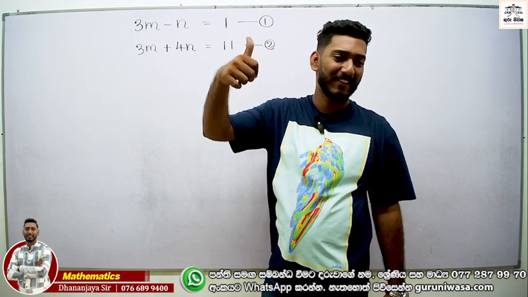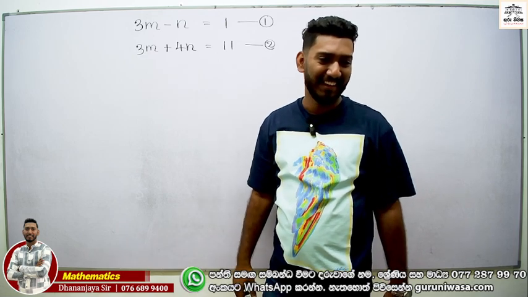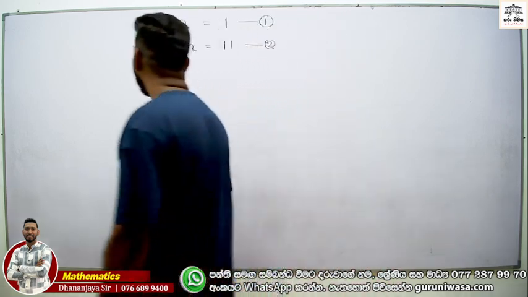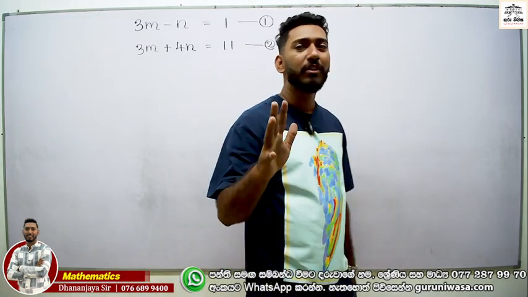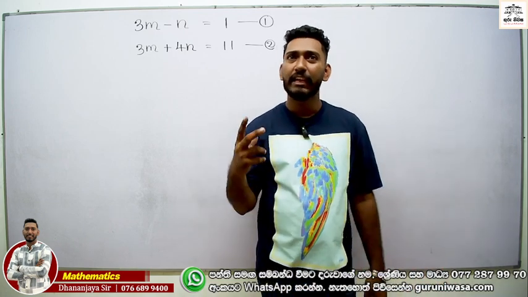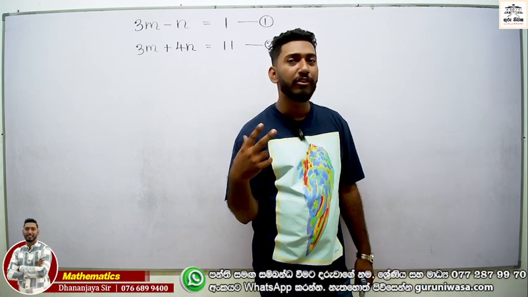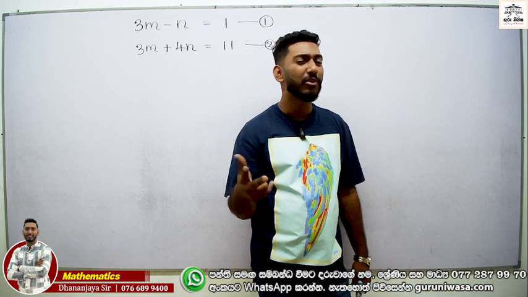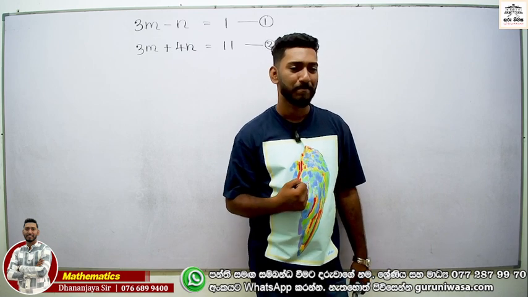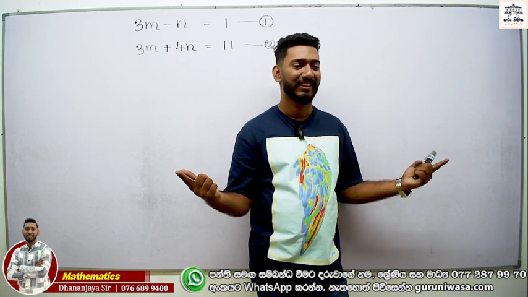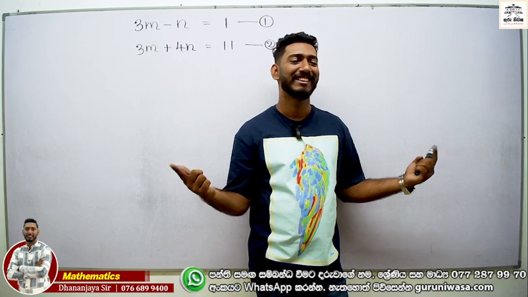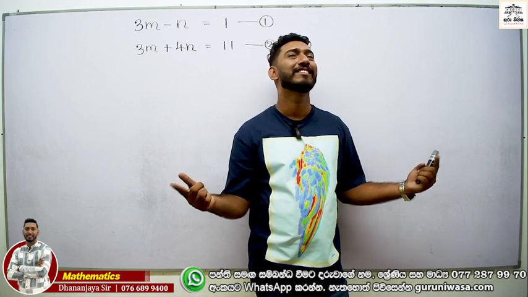Yeah, right. Okay. Now tell me, we have to add or subtract. The signs are equal. Now what to do? We have to add or subtract. Tell me the answer. Add or subtract.